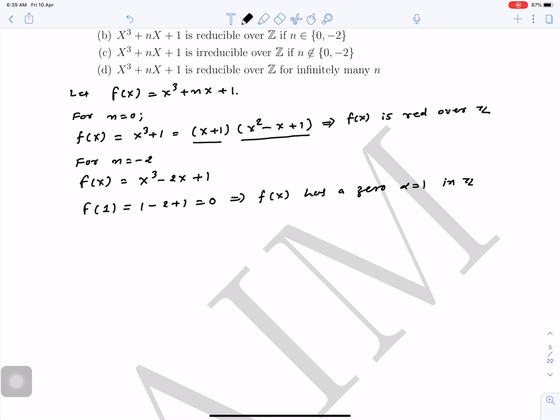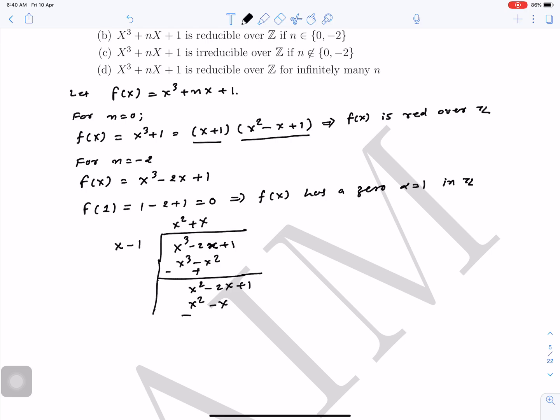So you consider x cube minus 2x plus 1, and you divide it by x minus 1, because 1 is a zero. Here we have x square, so x cube minus x square, and we get x square minus 2x plus 1. Again here we have plus x, so x square minus x, and we are left with minus x plus 1.